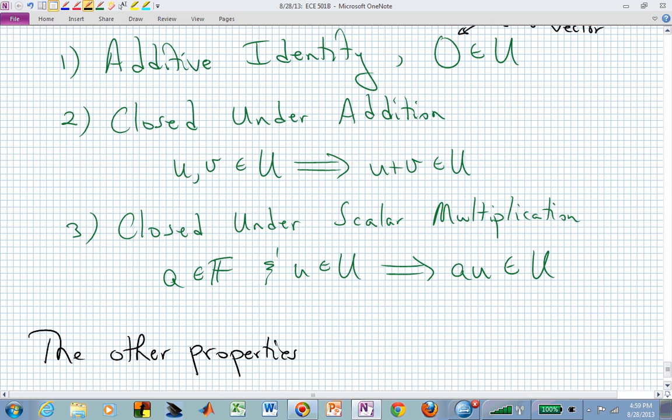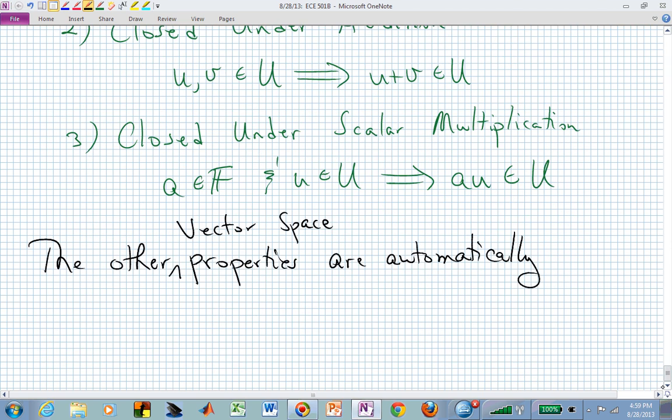So the other vector space properties are automatically satisfied since U was a subset of V.